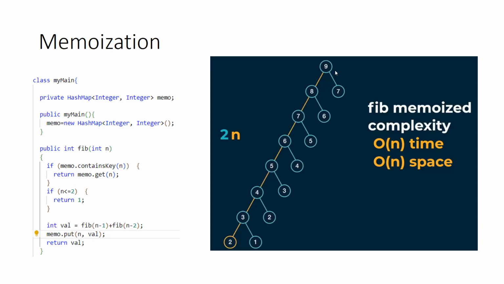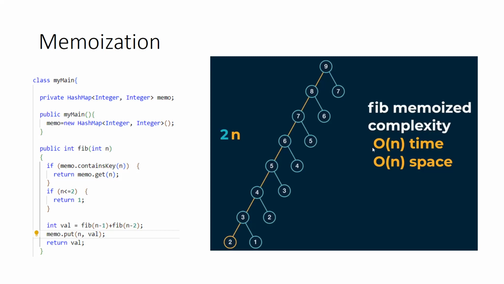So if I have n parents and 2 children per parent, the total number of nodes in this tree is 2n. So the time complexity will be 2n, but obviously I don't need to mention this constant 2. Even though it is strictly speaking 2n, I'll simply replace it with order of n.